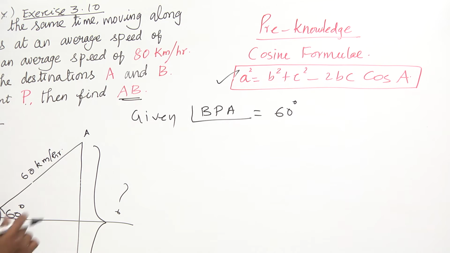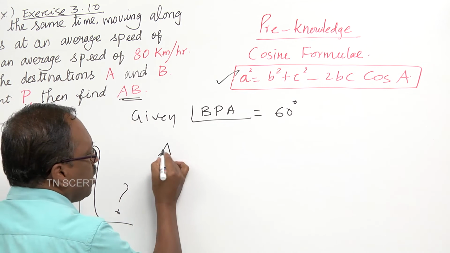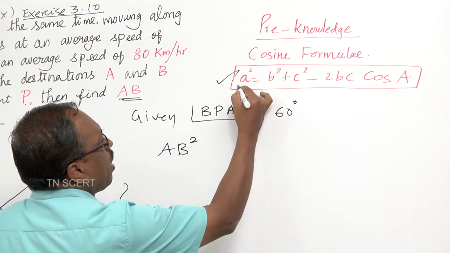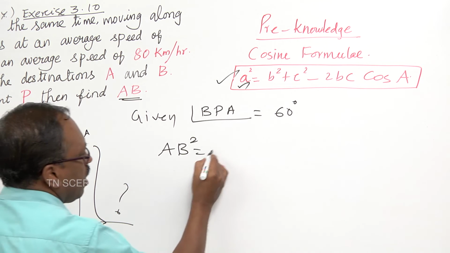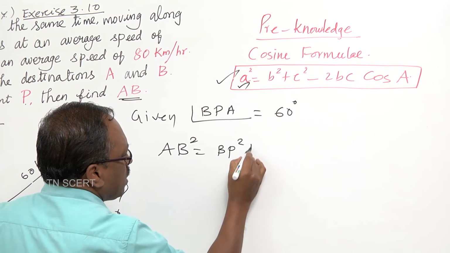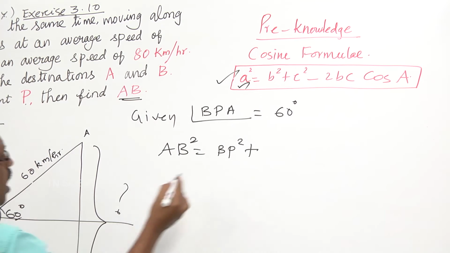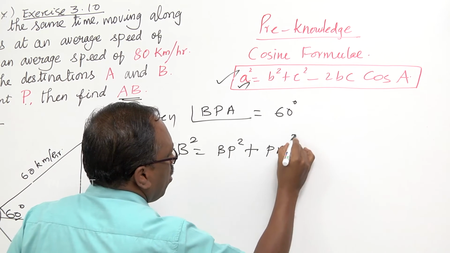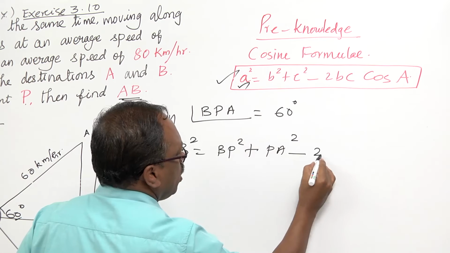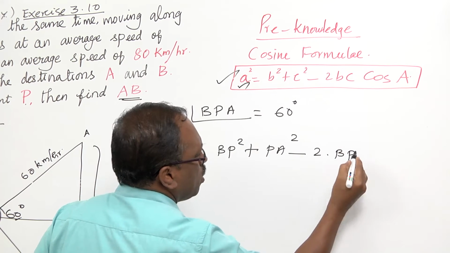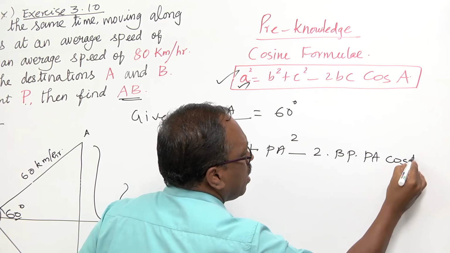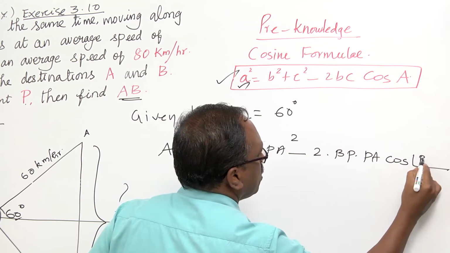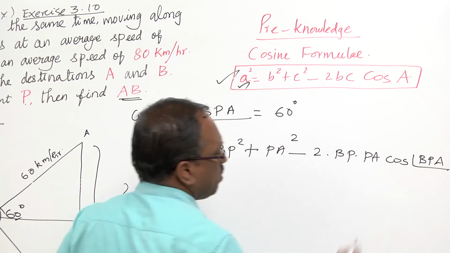So now let us calculate the value of AB square. I am going to apply, this is AB. AB square is equal to, we can take it as PB square plus PA square minus 2 into PB into PA into cos that angle, what it subtends, PBA here.